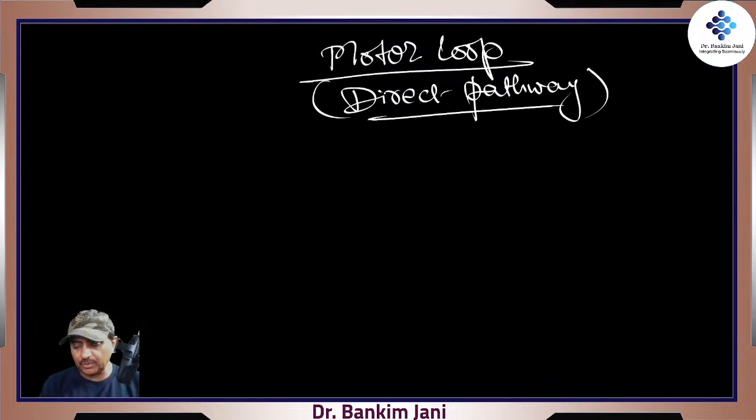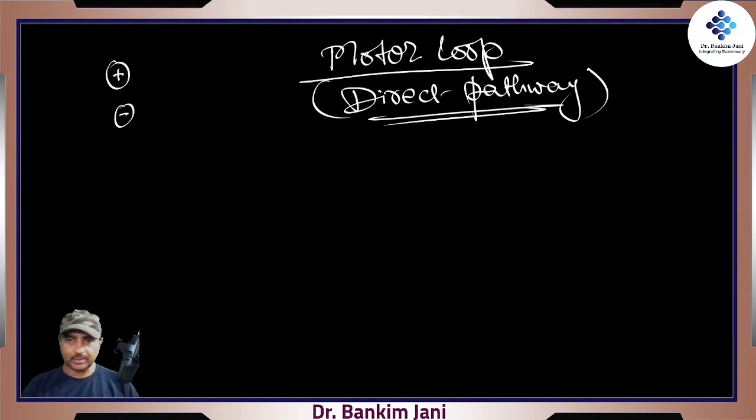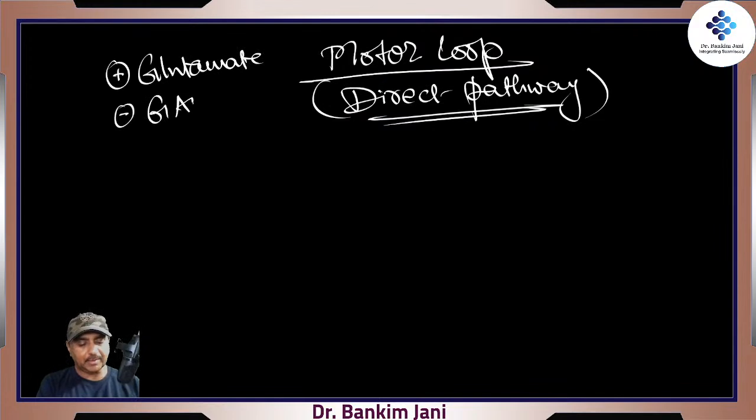Parallelly, we'll keep on talking about what exactly happens in Parkinson's, because we'll know exactly that this is what really happens. In this, stimulatory and inhibitory neurotransmitters will be working. Stimulatory would be glutamate, and inhibitory will be GABA, gamma aminobutyric acid.